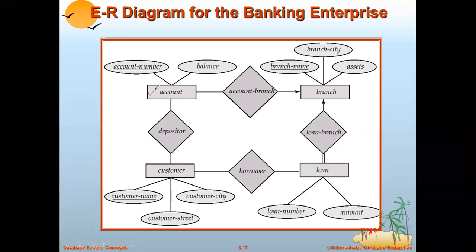So this is your account, and this is customer, and this is the relationship set present between the customer and account. Customer will deposit money inside his specific account, that is account number, and which will show as a balance.